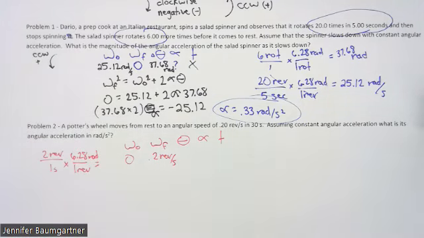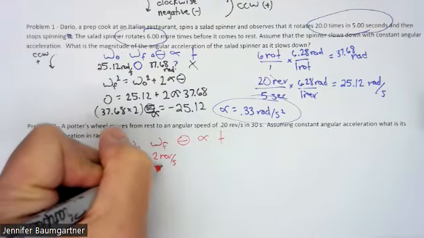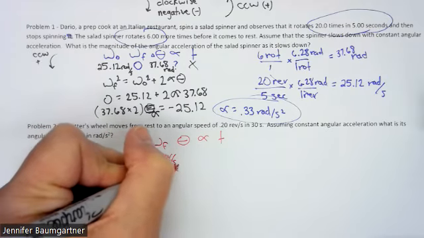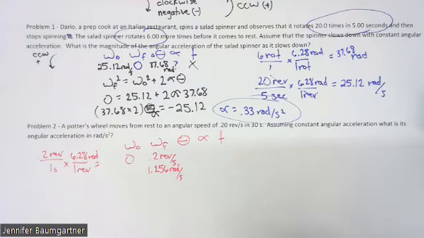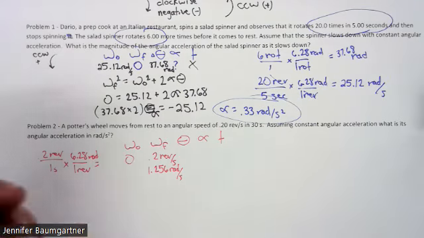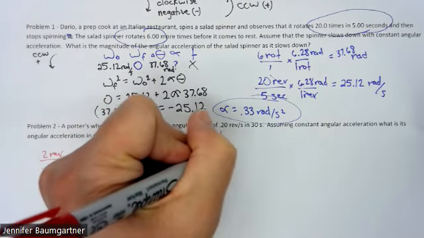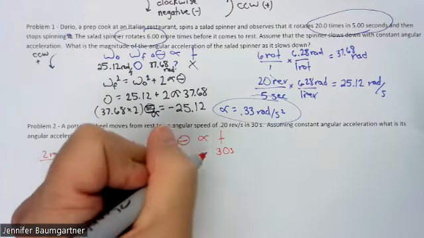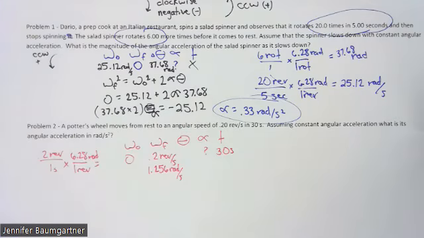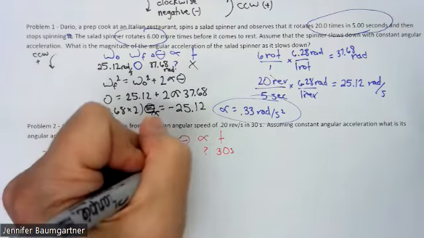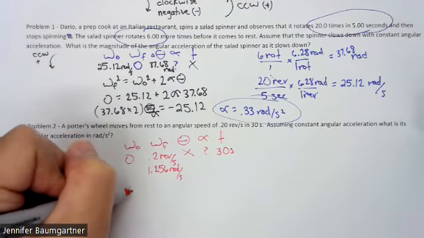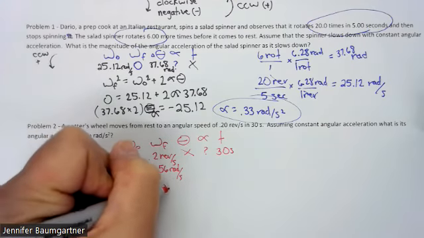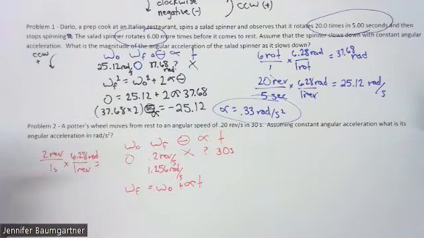So when I do that, grabbing my calculator, 0.2 times 6.28, I get 1.256 radians per second. Yep. We have 30 seconds, and they want us to solve for angular acceleration, so we're not using displacement. So I'm going to use omega final equals omega initial plus alpha time.